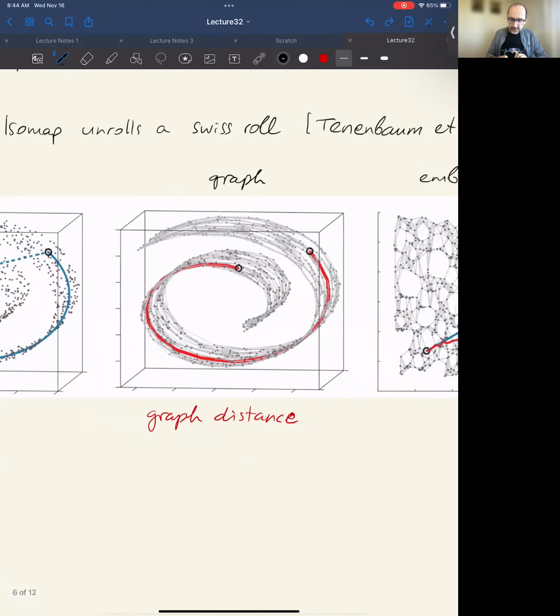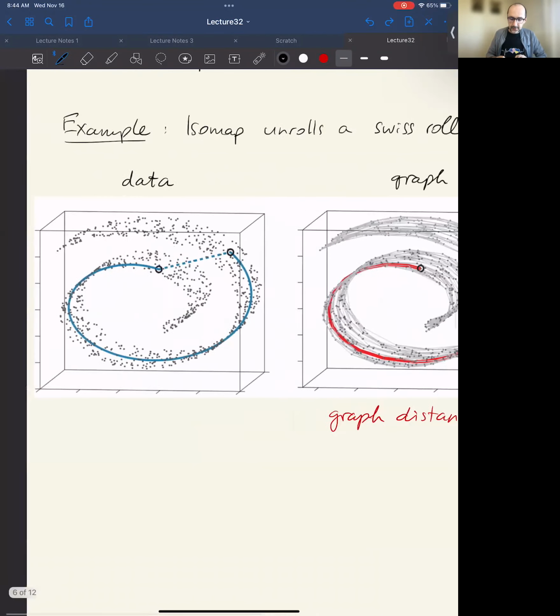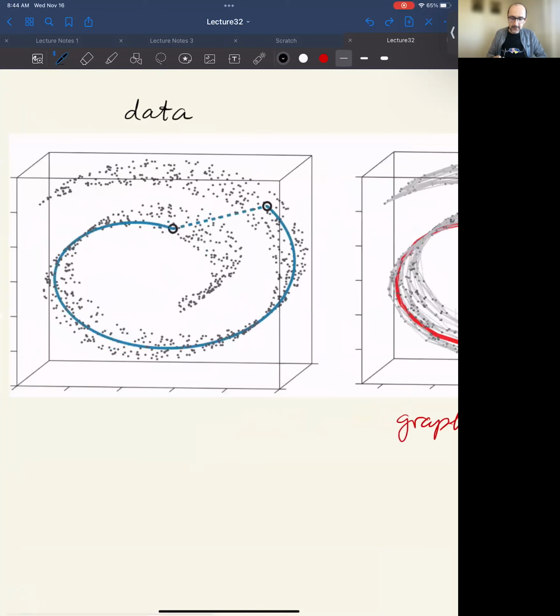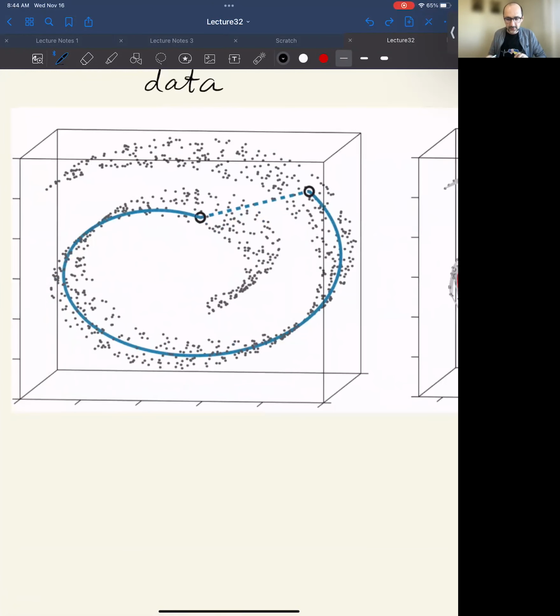Now see how the graph distance here is better than, for example, applying multidimensional scaling to this specific set of points, or maybe projecting this. If you do PCA, for example, PCA will just linearly project it. It will just smash your croissant, your Swiss roll, into one flat piece. That's not good. Instead, what Isomap does is compute the graph distance.